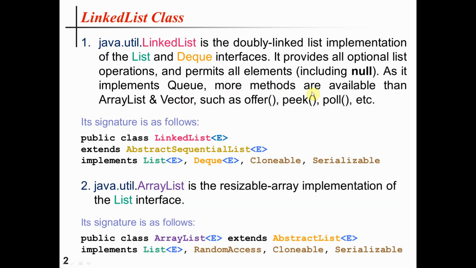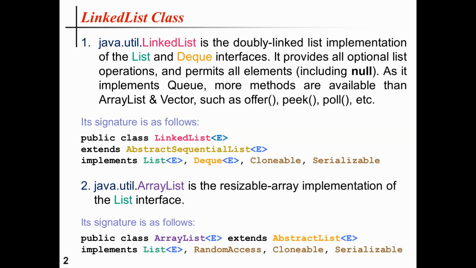Since ArrayList is basically the dynamic array implementation of the List interface, LinkedList is getting all the features from List and Queue both. So it must have more methods available for the developers. So that is the basic idea.